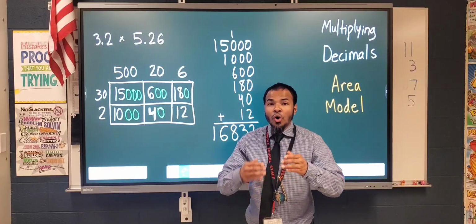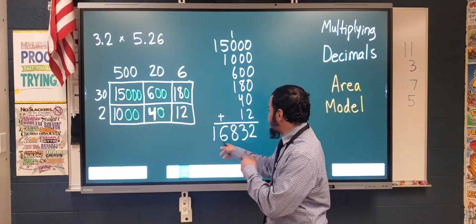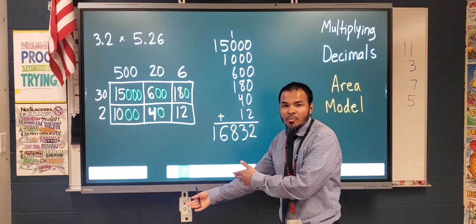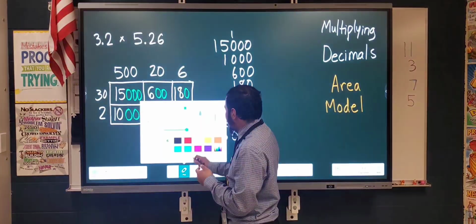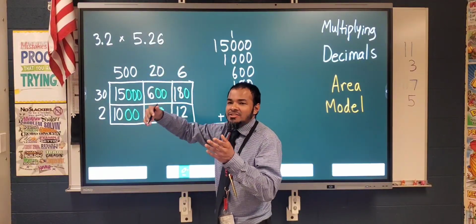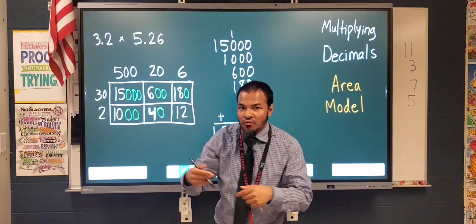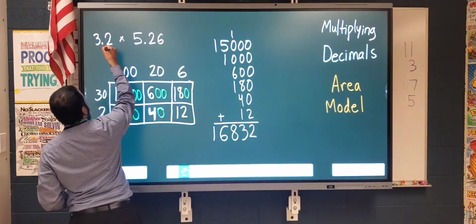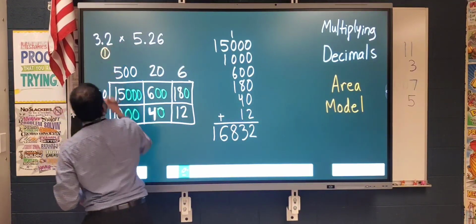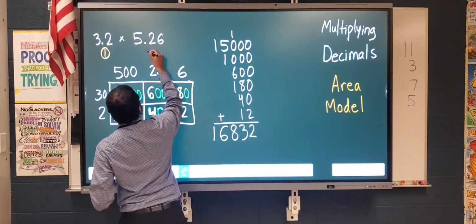Like I said, when you open your eyes, you realize that the decimal point needs to go somewhere. So you go to your numbers and ask yourself, how many decimal places were they shifted over? For the first number, it was shifted 1 time. For the second factor, it was shifted 2 times.